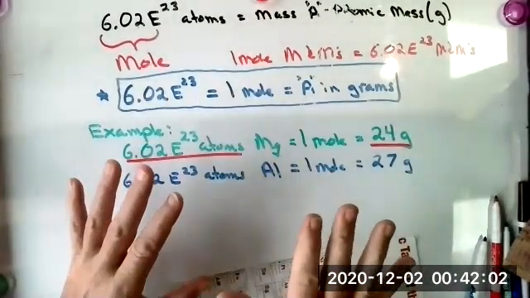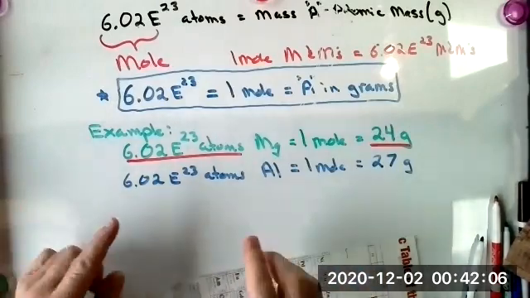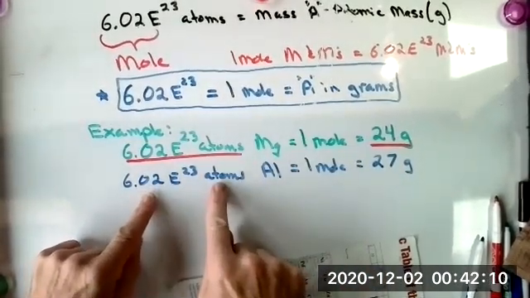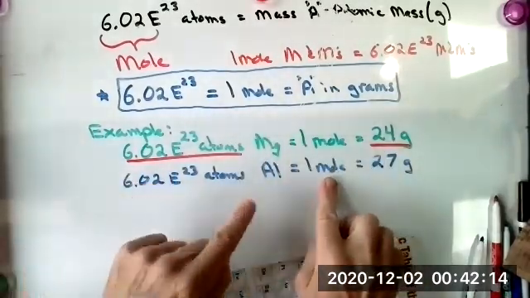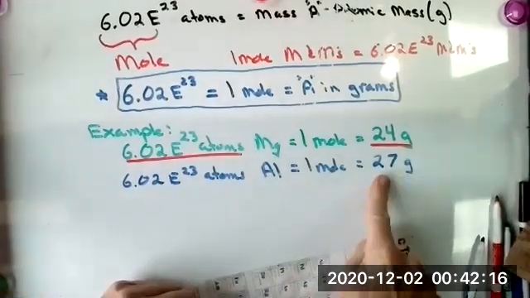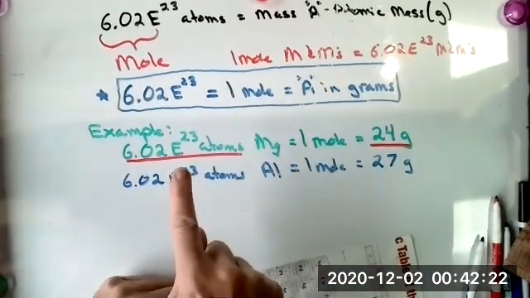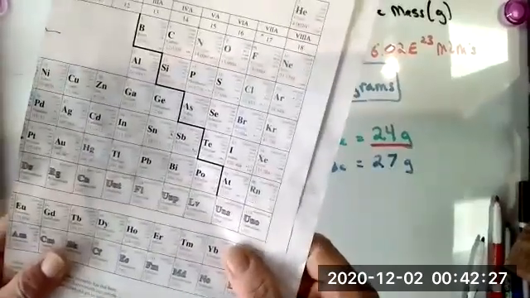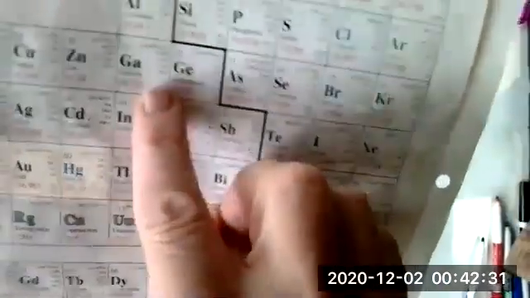Okay, now look at the correlation. Look how the relationship works. If I have this many atoms of aluminum, I already know that I've got a mole of aluminum atoms, and I already know the mass. So the relationship is a mole of any atom, of any element, there's your mass.